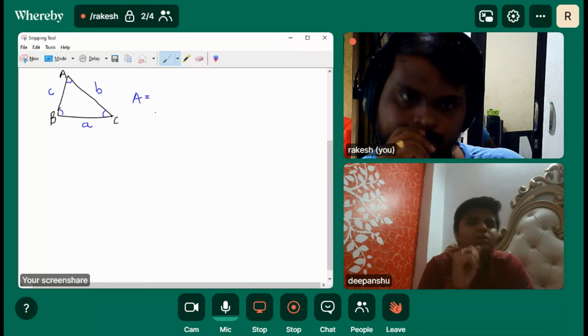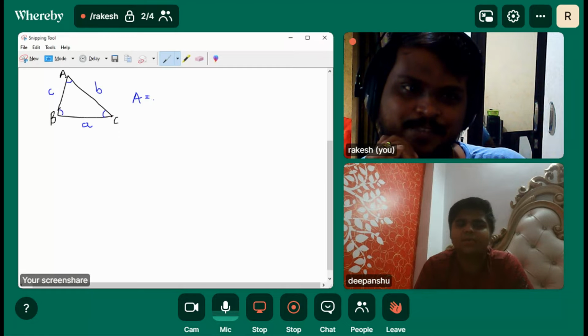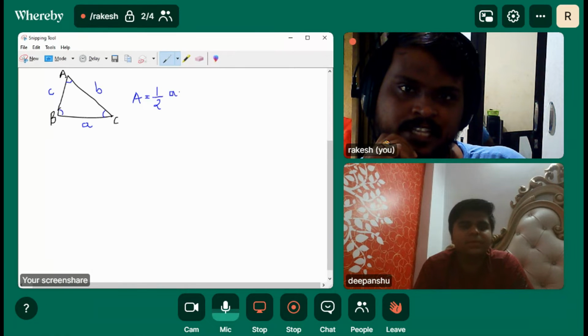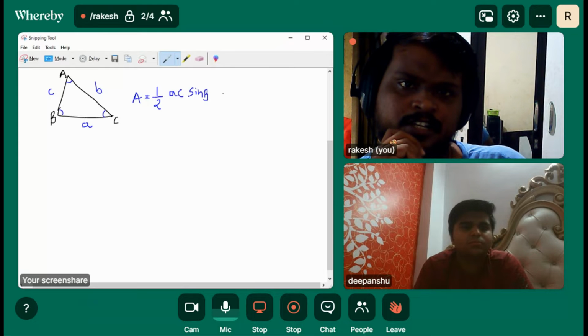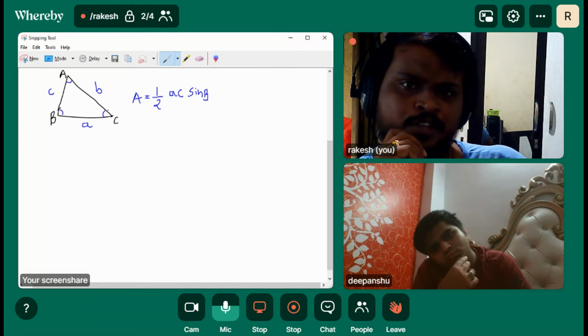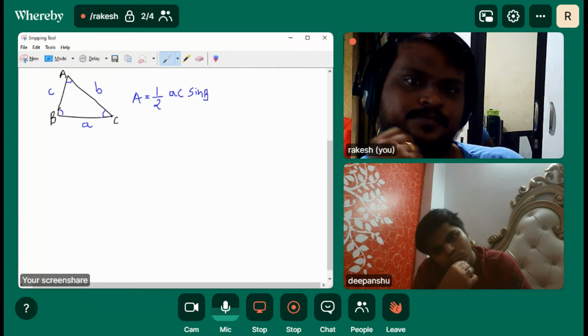Half into c a sin B, half ac sin B. Now if you have to include angle C, what would be the area of this triangle then?